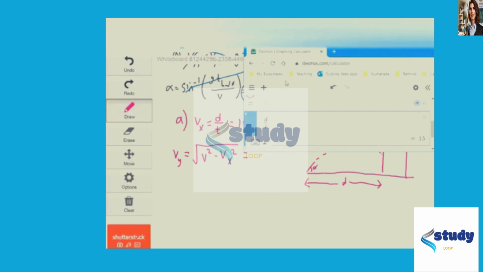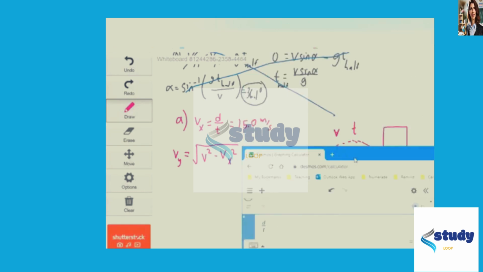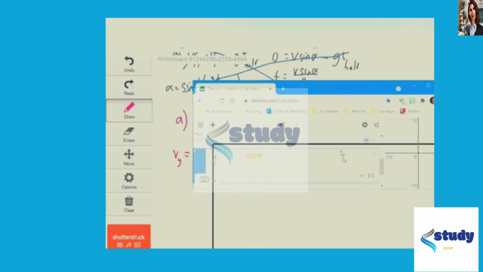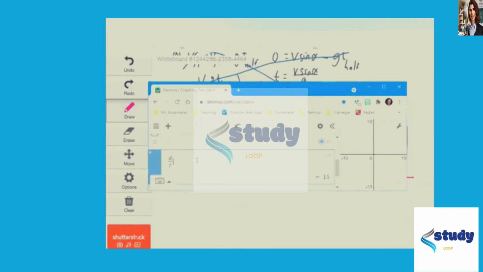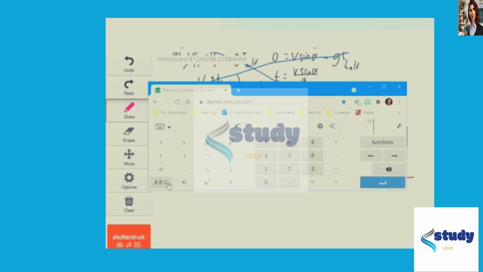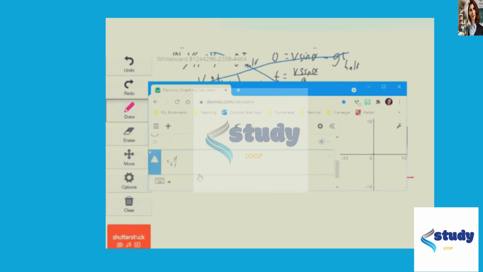Calculator. So, I know V is 15. Wait, I know Vx is 15. V, and then I'm going to put a subscript in here. Subscript x. I know Vx is 15.